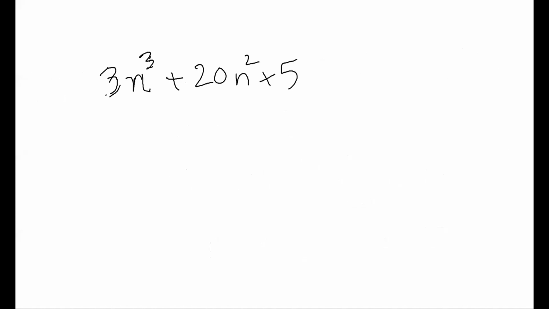3n cube plus 20n square plus 5 should be less than or equal to c into n cube. So when will this be true if your c is equal to 3?